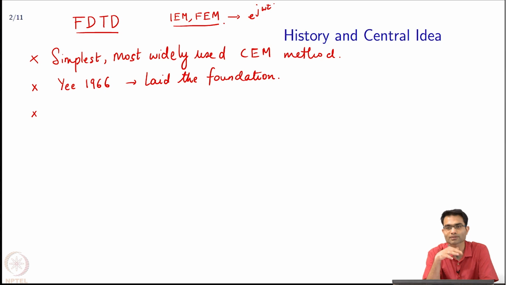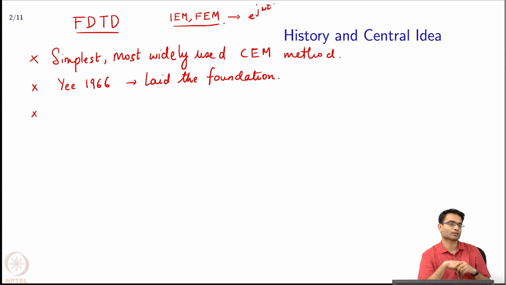If I wanted to have some time dependence in the problem, what would I need to do? Supposing my source, let us say my radar source is not single frequency, but it is some ultra wideband thing, and I wanted to use IEM or FEM, then what would I do? Solve for each frequency and then use Fourier transforms to get the answer, right.